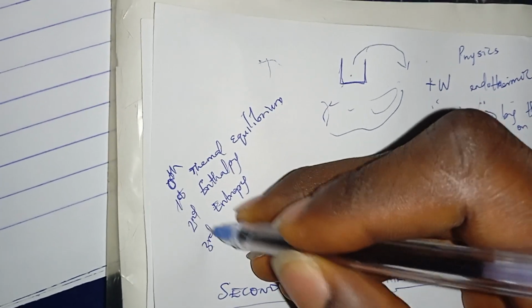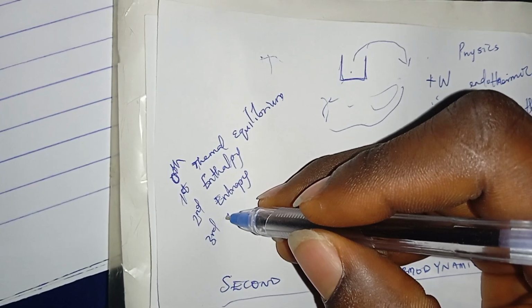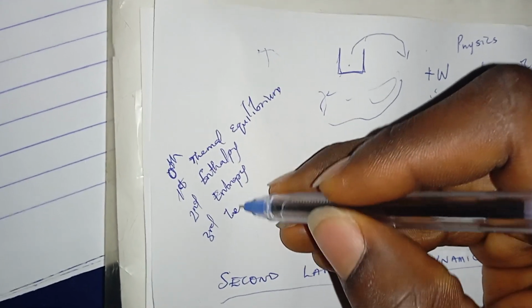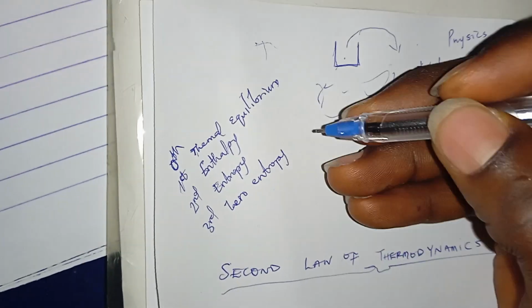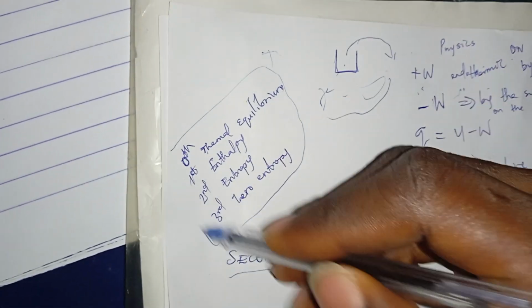And the third law talks about the impossibility of having zero entropy. So this is a summary of the laws of thermodynamics.